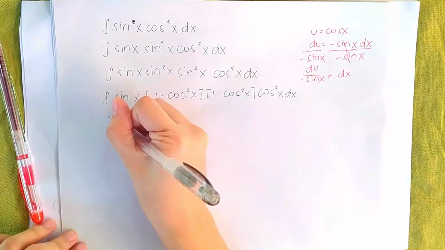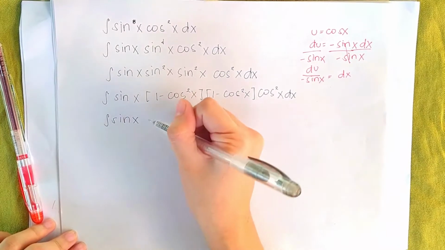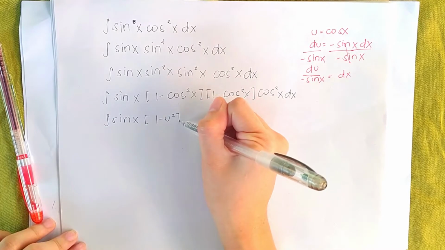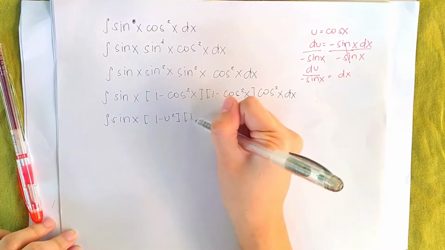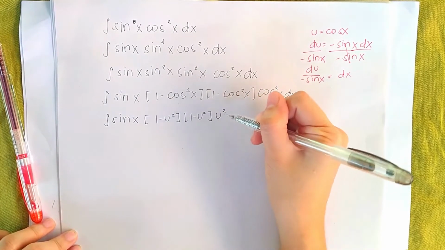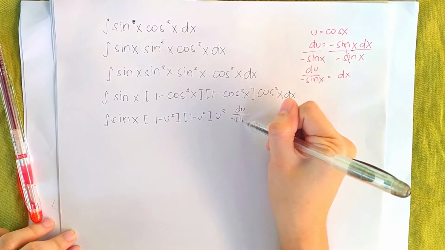So now we substitute the values. So this will be sine x times 1 minus u squared times 1 minus u squared times u squared du over negative sine x.